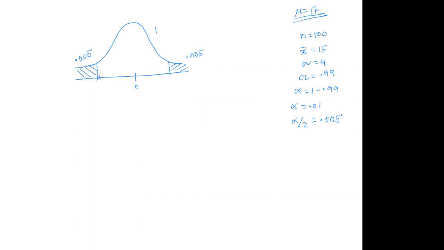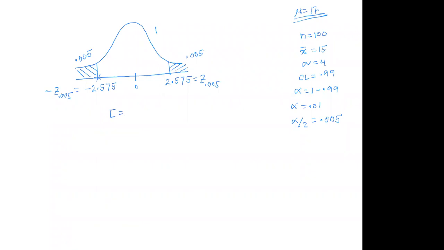Now, if you look it up in the standard normal distribution table, this is going to be negative 2.575, and this is going to be positive 2.575. So that's your z sub alpha over 2, which is z sub 0.005, and this is your negative z sub 0.005.